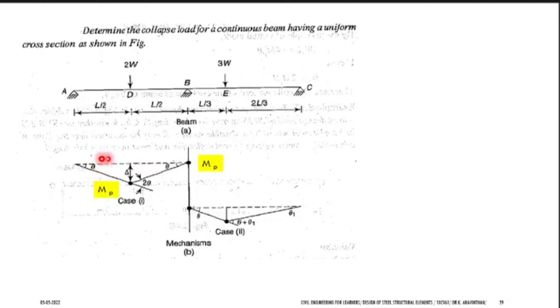The theta will be the same. Why? Because the load is acting exactly at the center. Hence both the thetas will be the same. This is your first mechanism. You have two plastic moments here.